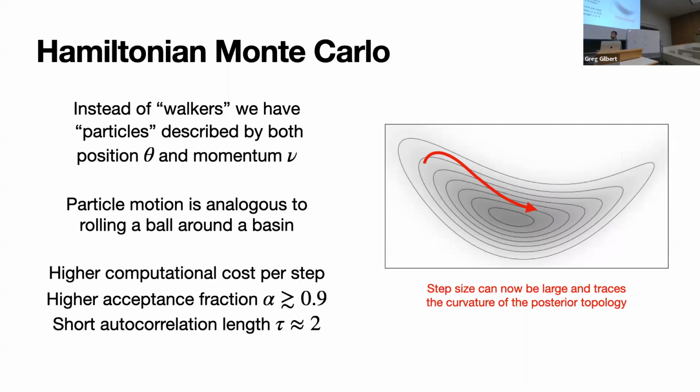With HMC, the trade-off is that you've doubled the number of parameters that you have, right? Because everything has not just a position, but also momentum. So it is more computationally intensive per step, but you end up with these really short autocorrelation lengths where because you've given some momentum kick to your current position, you end up very far away from where you started out, and you end up with these short autocorrelation lengths of like 2.